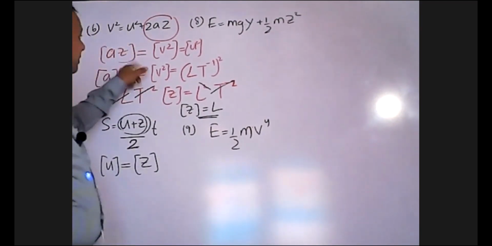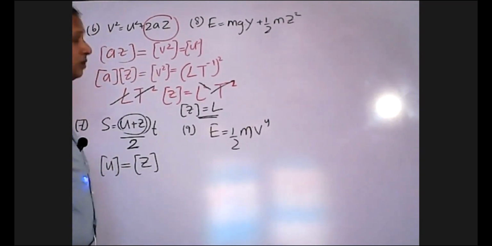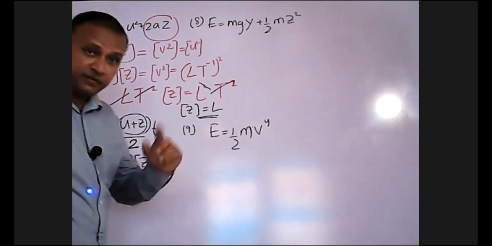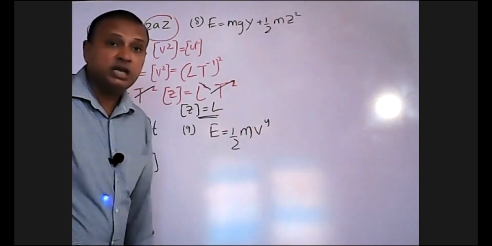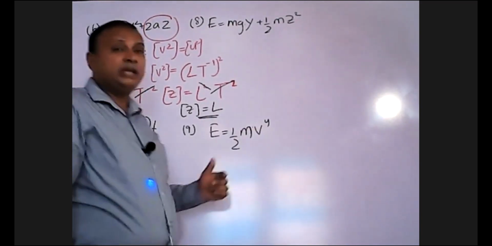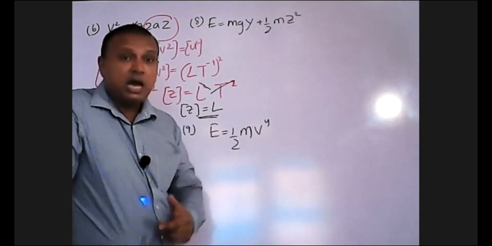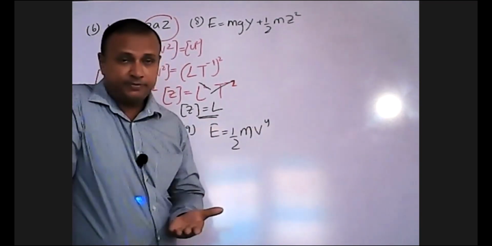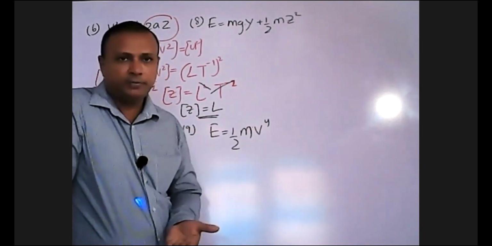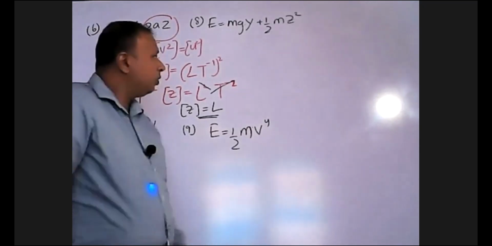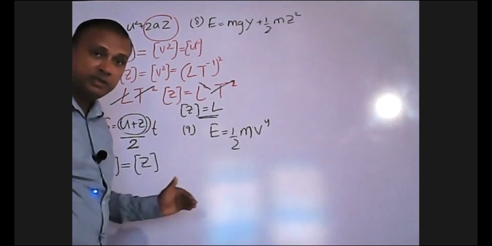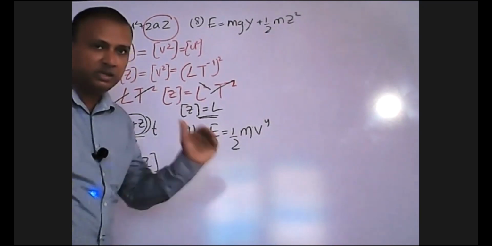In here, we can use the same argument, or we can use the other factor, that is, if there's a function, each and every term should have the same dimension. I think it is better to write the argument until you familiarize with that. As a habit, you have to write the reason for each and every step.